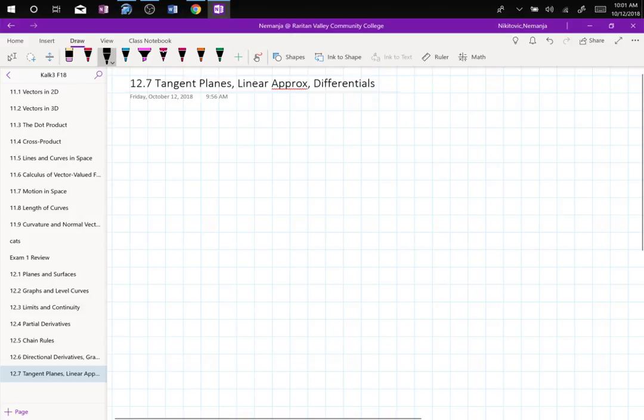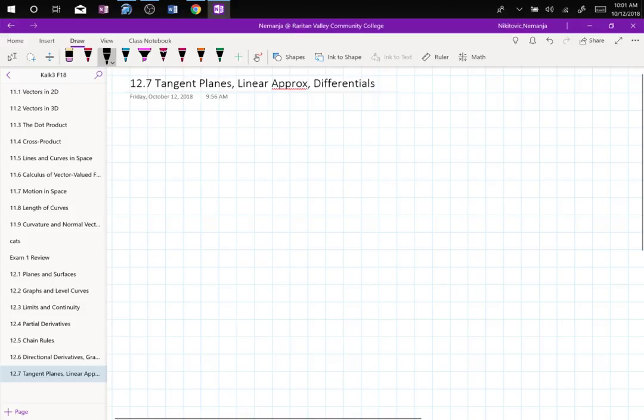So we have that idea. If the surface is smooth, then there is going to be a tangent plane. Do you have a tangent plane at the tip of a cone? The answer is no, because the tip of the cone is not differentiable.